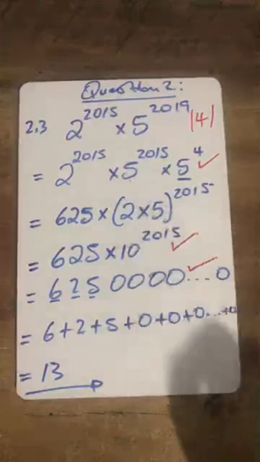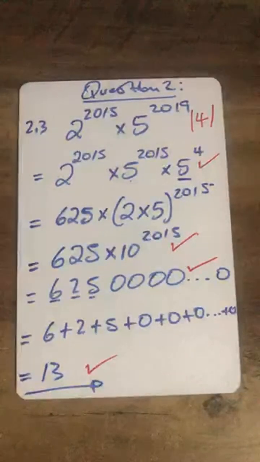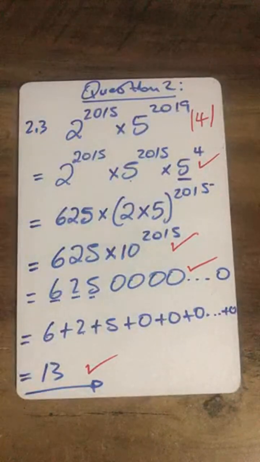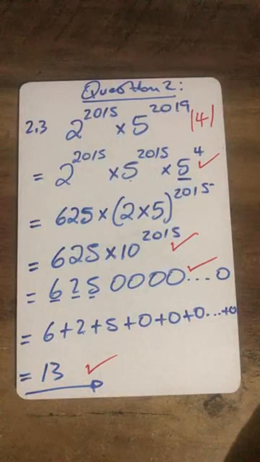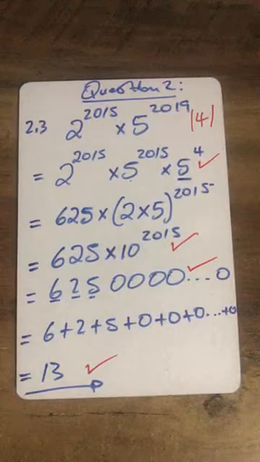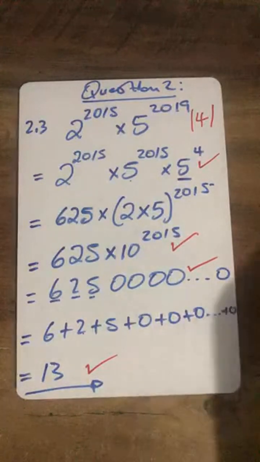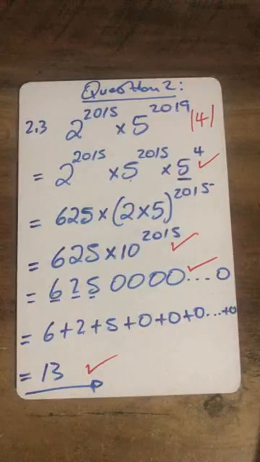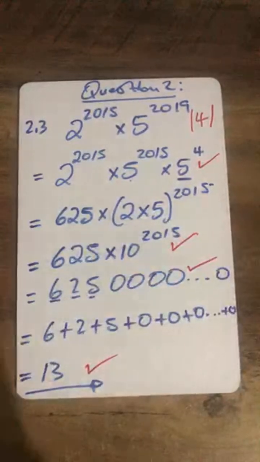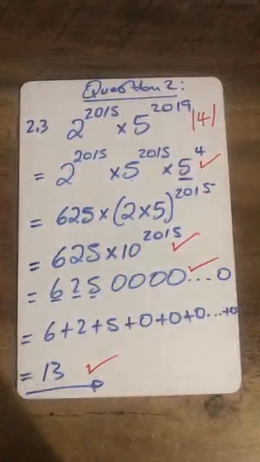Also this one, a very, very important step: your final answer where you calculated the sum of the digits, you get a mark. So this is how you would work it out, honorable members.